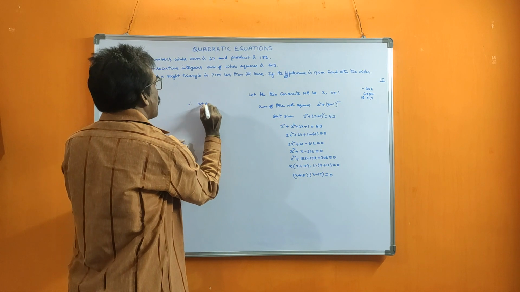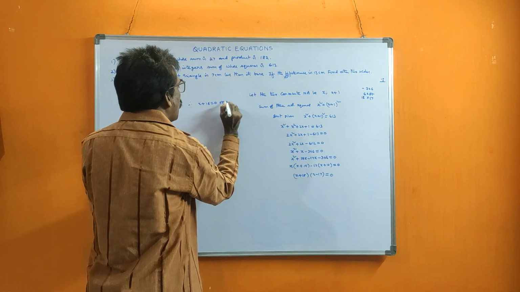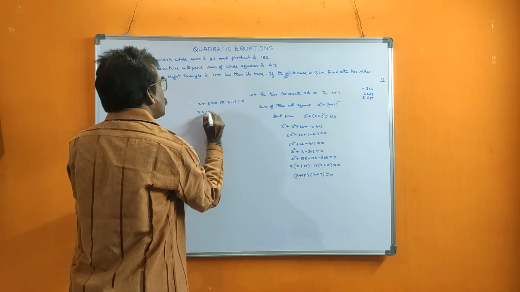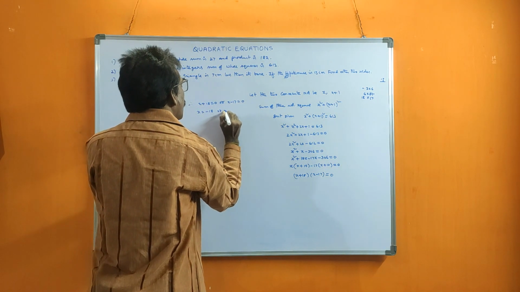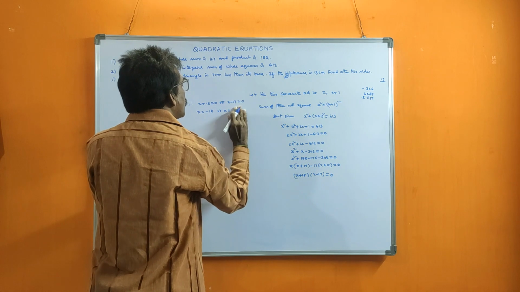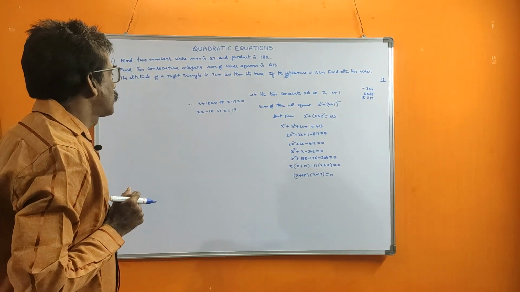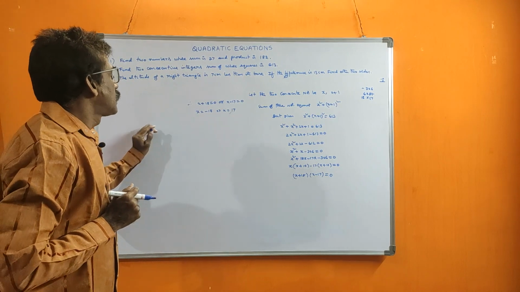Therefore x plus 18 is equal to 0 or x minus 17 is equal to 0. Now from this, x is equal to minus 18 or x is equal to plus 17. These two are the values.